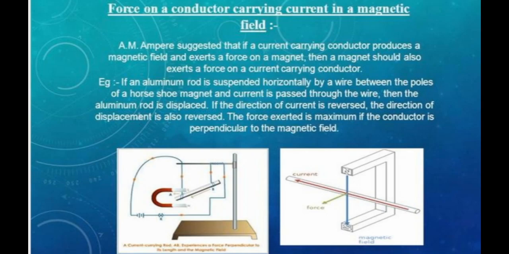Then Andre Marie Ampere suggested that a current carrying conductor produces a magnetic field and exerts a force on a magnet. Then a magnet should also exert a force on a current carrying conductor.